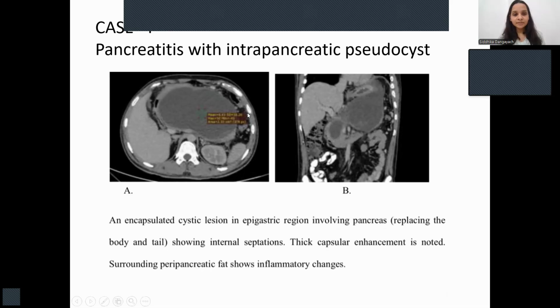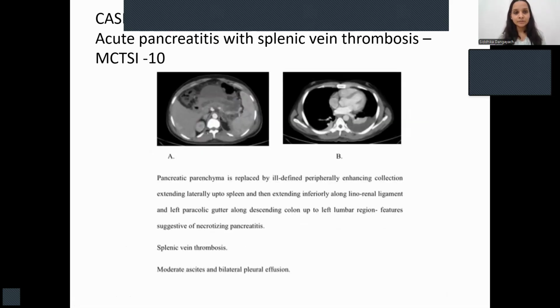Next case, where we can see an encapsulated cystic lesion in the epigastric region involving the pancreas, replacing both the body and the tail, with internal septation, thick capsular enhancement and surrounding peripancreatic fat stranding. It was found to be an intrapancreatic pseudocyst with pancreatitis.